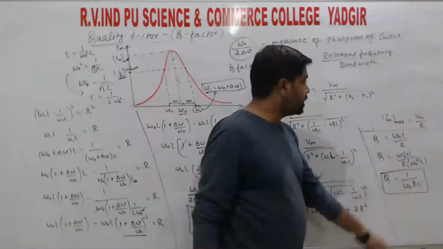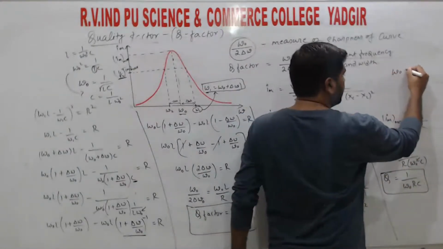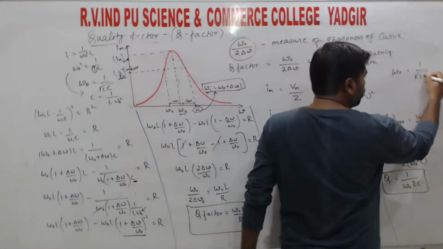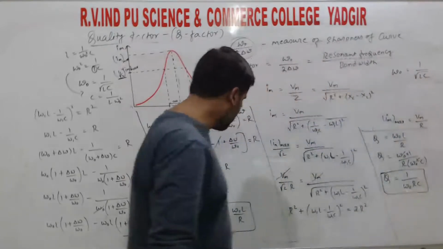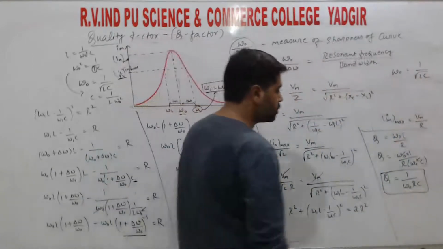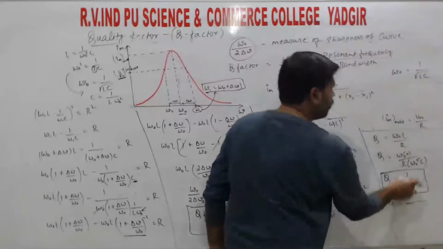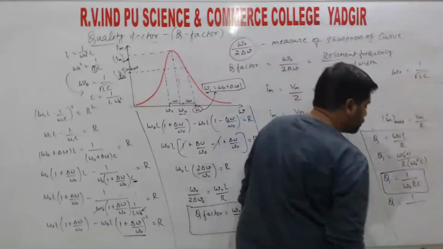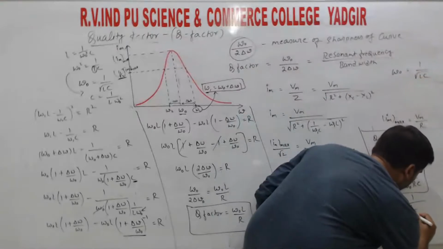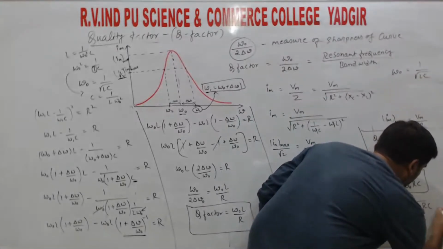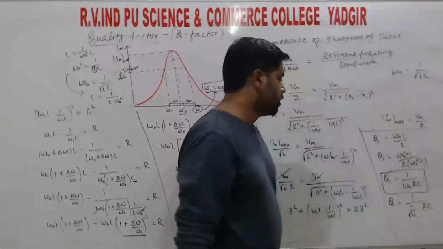We know the relation omega naught is equal to 1 divided by root LC. So we can substitute here or here. Substituting, we get Q is equal to 1 divided by, in place of omega naught, 1 by root LC into RC.